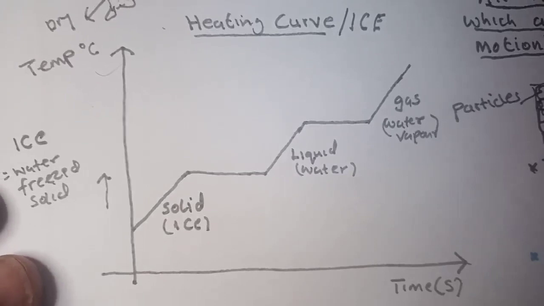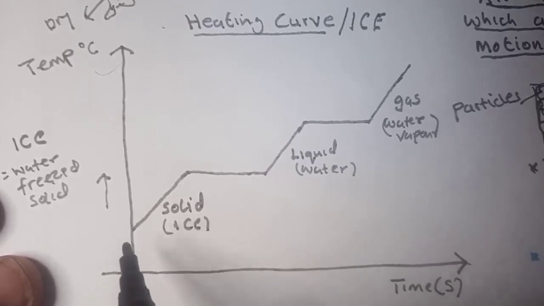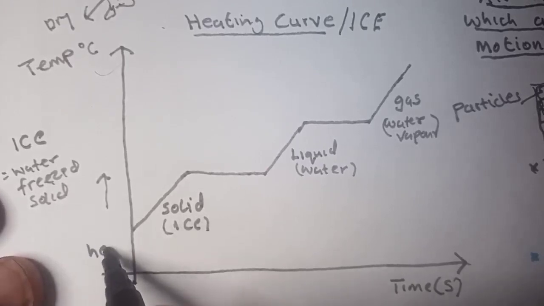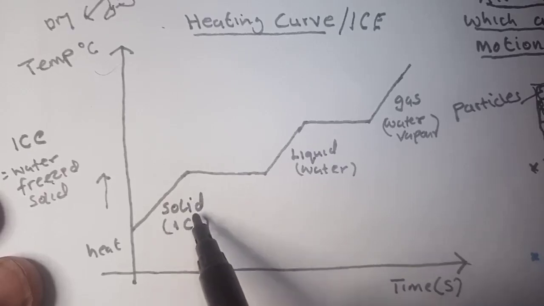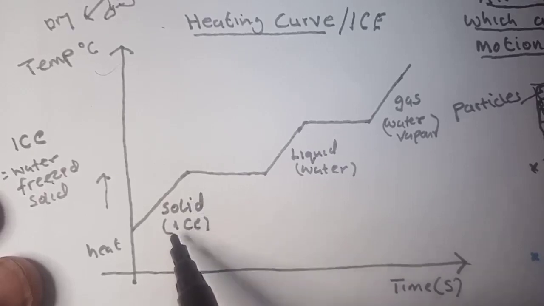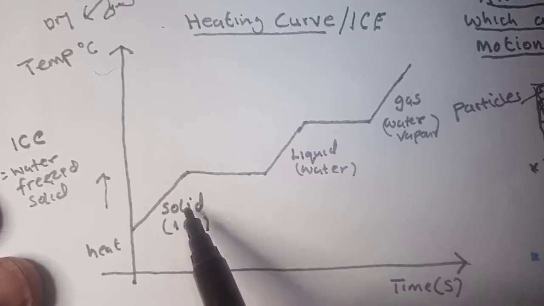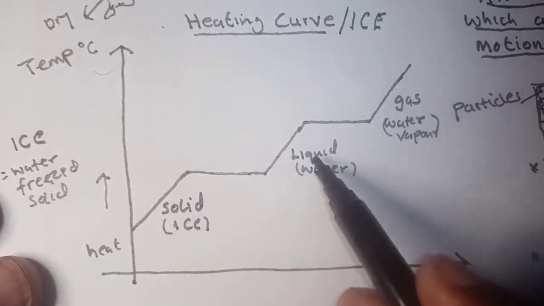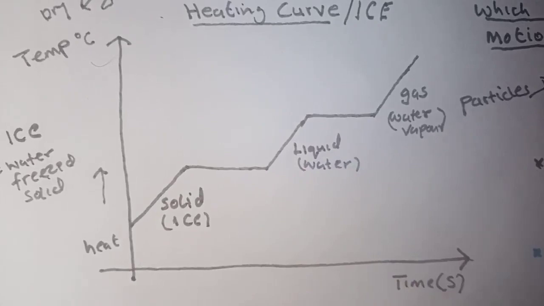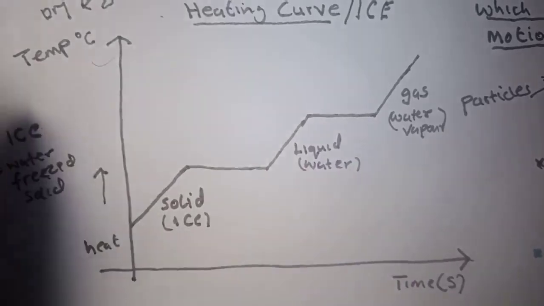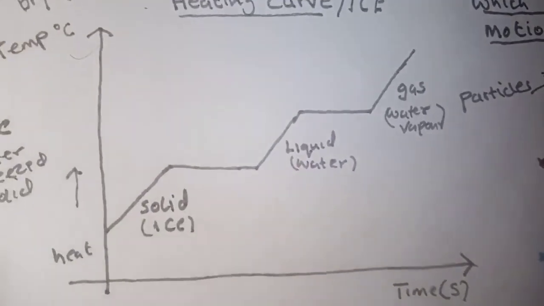So when you heat here, you've applied heat to this solid. What is the change of state from solid to liquid? What do we call that? Remember, don't forget whatever you learn in chemistry.